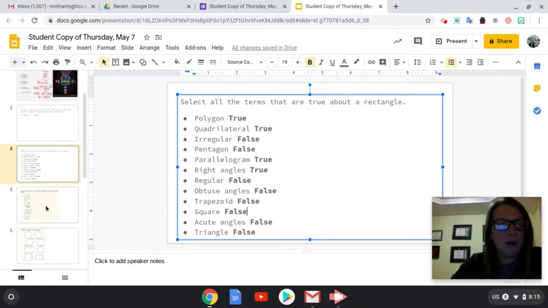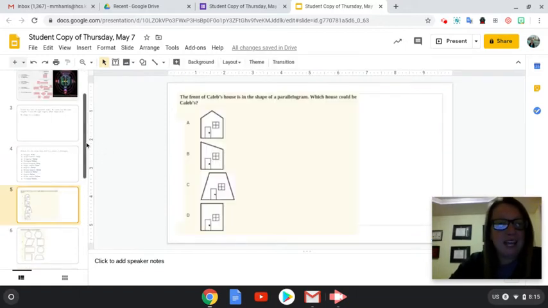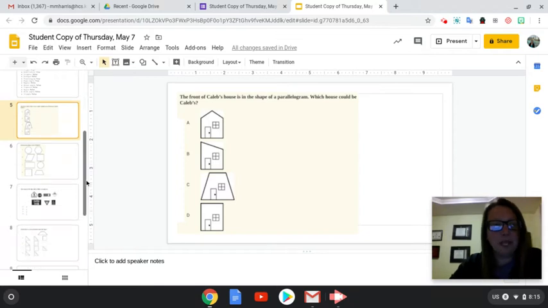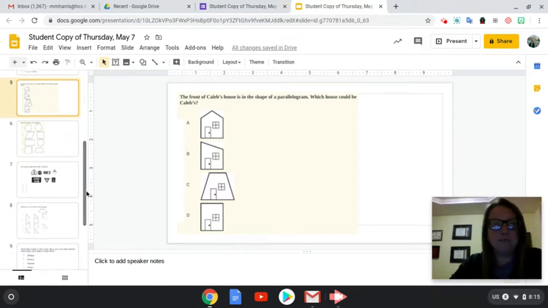Now, what I want you to do is take a minute and look at this one and solve it. This one's really easy. Pause me if you don't have your answer yet. It says that the front of the house is a parallelogram.